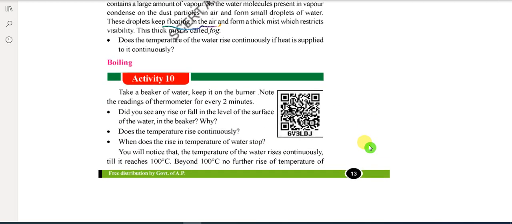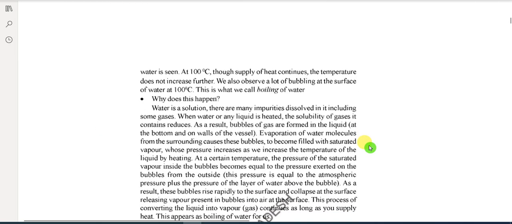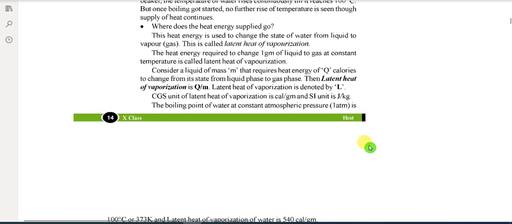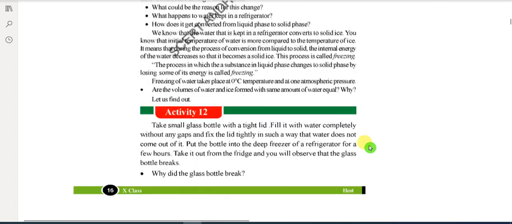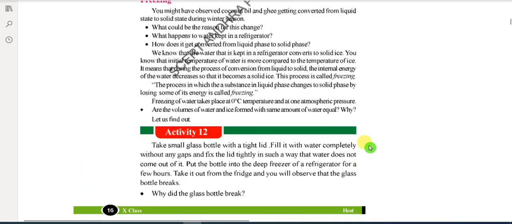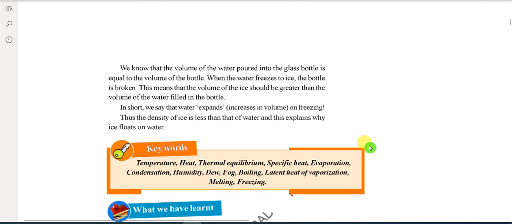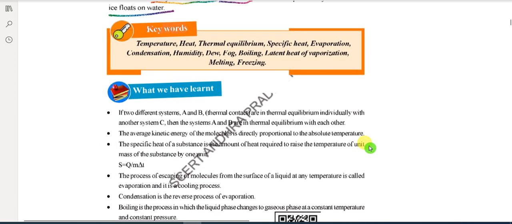Okay, that is it. Next, boiling. You know already, boiling versus evaporation. A comparison question is also there, so that is also important. Freezing, you know, and density, and ice floats on water. Yes, the density of ice is less than that of water. So these are very important.